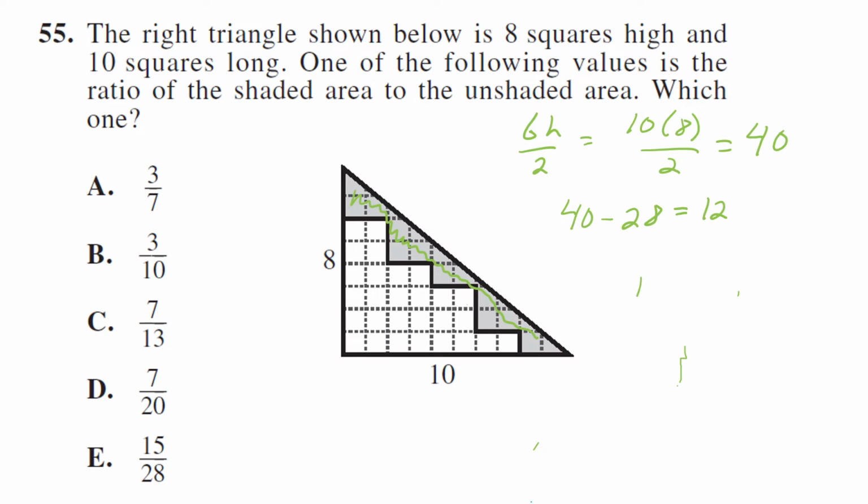So 12 to 28 is the ratio, or 12 to 28, because ratios can be expressed as fractions as well. So 12 to 28, and that's going to reduce to what? 12 to 28 reduces to, we divide by 4, so 3 over 7, so A.